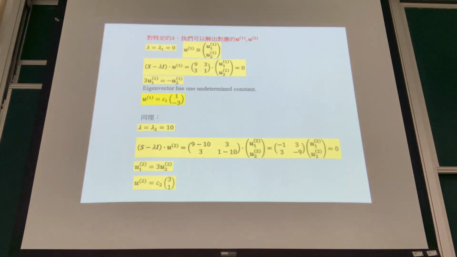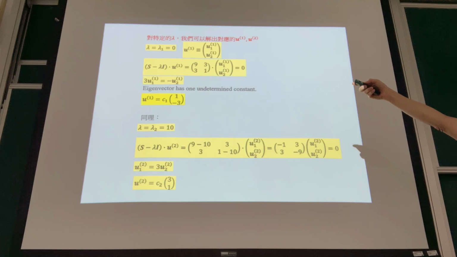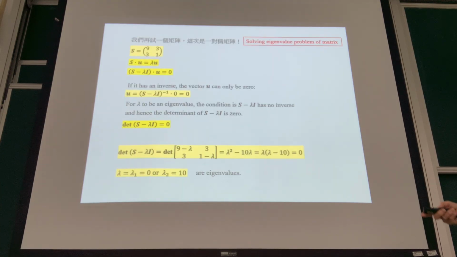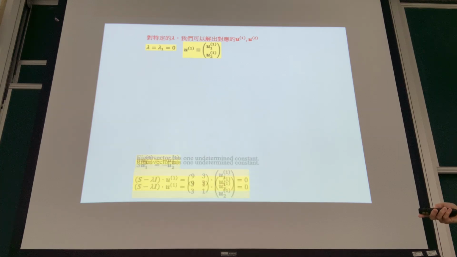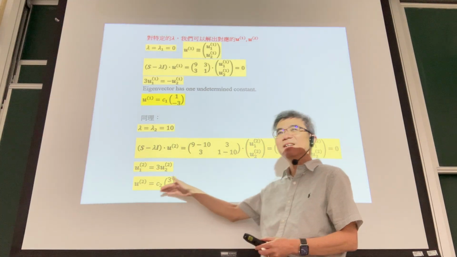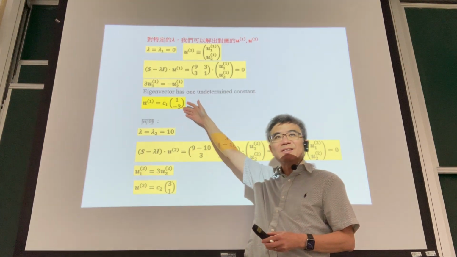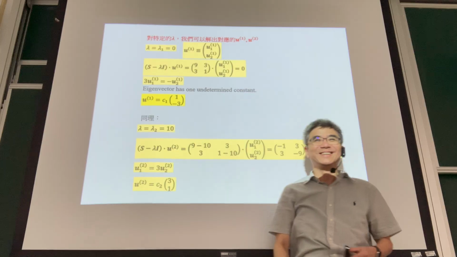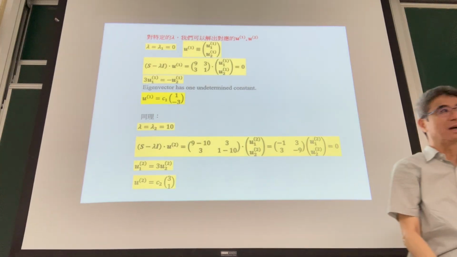Next week I will tell you that this is not only true for this one special case. For every symmetric matrix, its two eigenvectors are orthogonal to each other, perpendicular. Don't you find that strange? Whether a matrix is symmetric or not is related to the fact that their eigenvectors are perpendicular to each other. I can prove it very easily, not very hard.